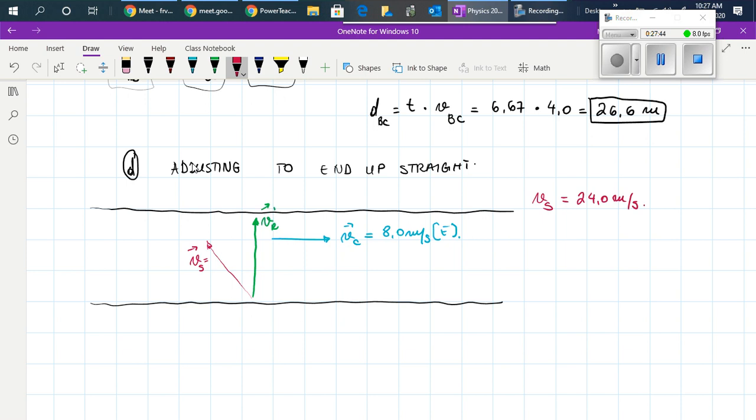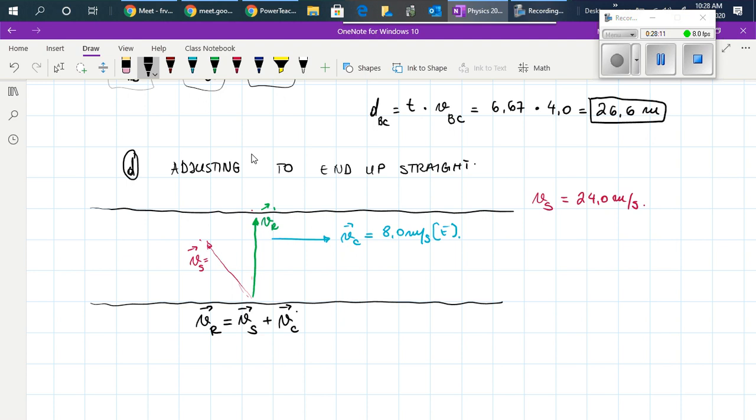So at what direction do you have to head to end up straight across the river? Graphically, or let's start with mathematically first. The resultant velocity is the velocity of the swimmer plus the velocity of the current.